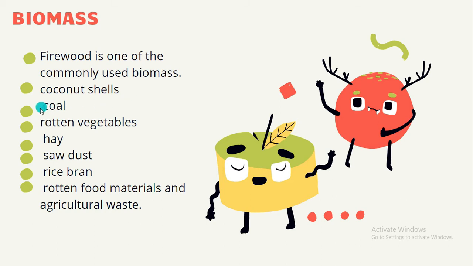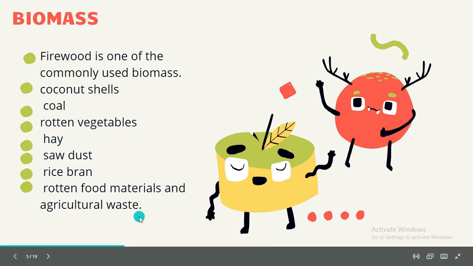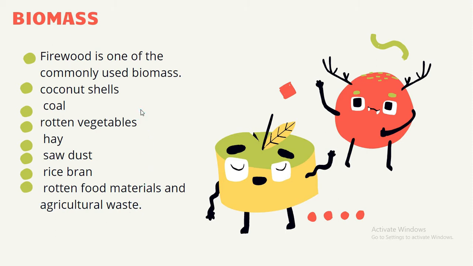Other examples: coconut shell, coal, rotten vegetables, hay, sawdust, rice bran, rotten food materials and agricultural waste. These are some examples for biomass. You have to know these examples.